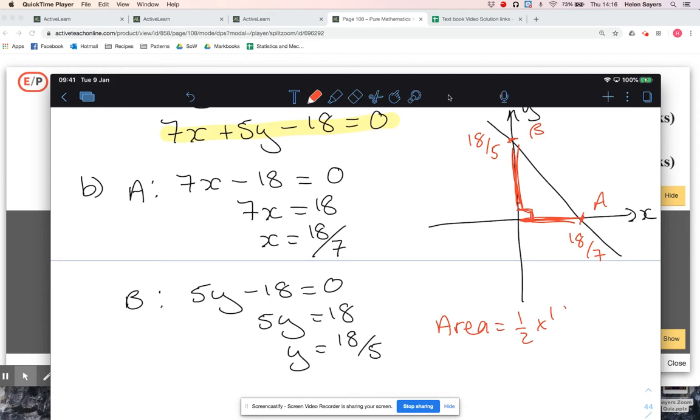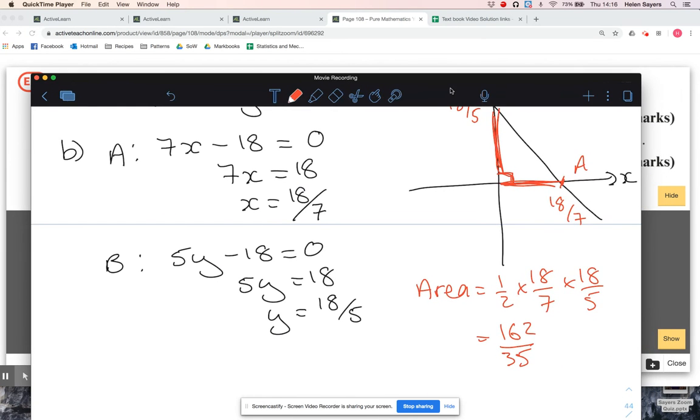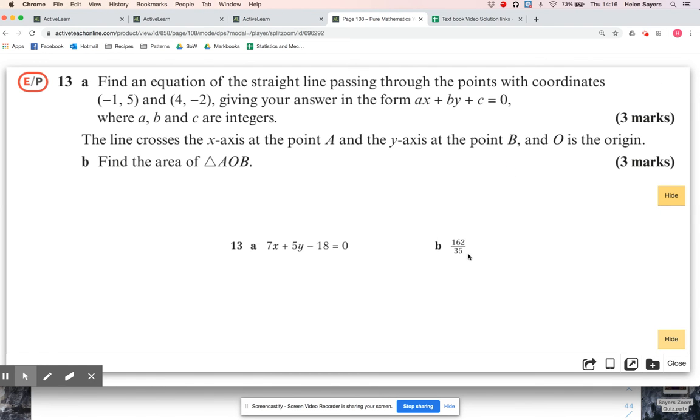Half times base times height gives me 162 over 35 square units, or 4.63. It didn't mention exact area or not. Right, let's hope. Yep, that's great.